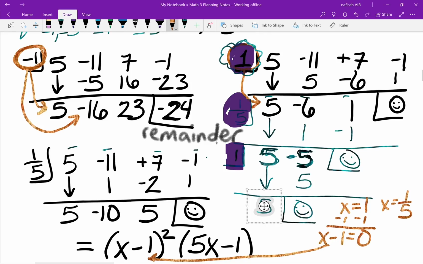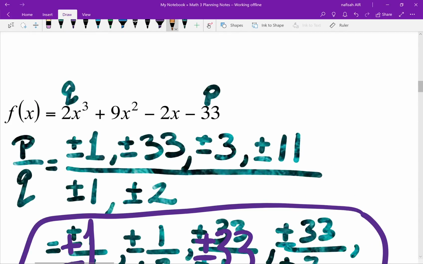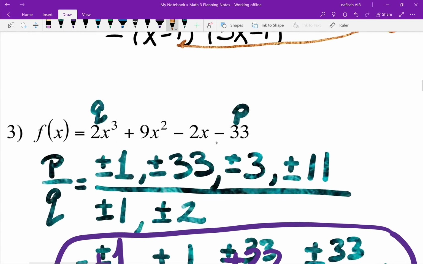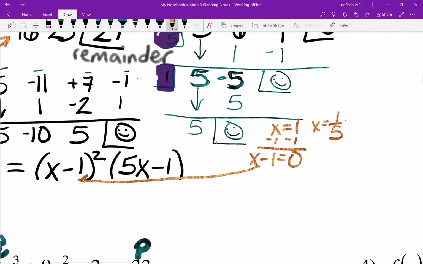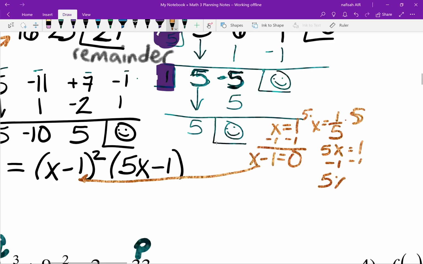I'm solving for x, but it's a fraction, so I multiply both sides by 5 and get 5x equals 1. Subtract 1. I get 5x minus 1 equals 0. And if you notice, that's what I have written there.